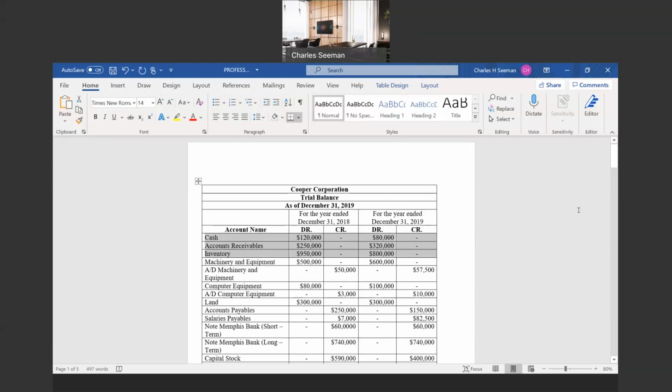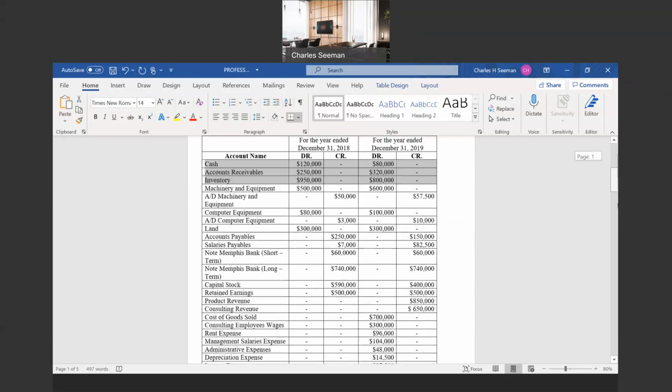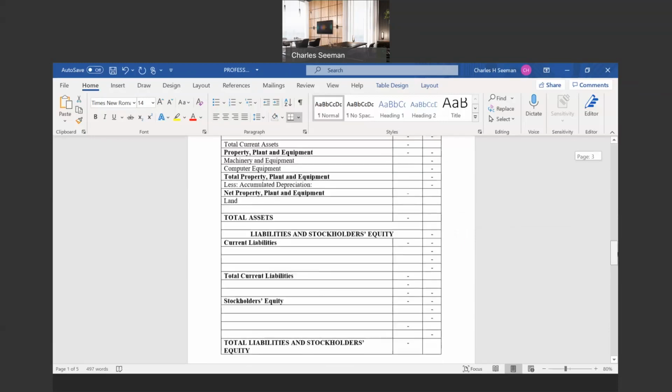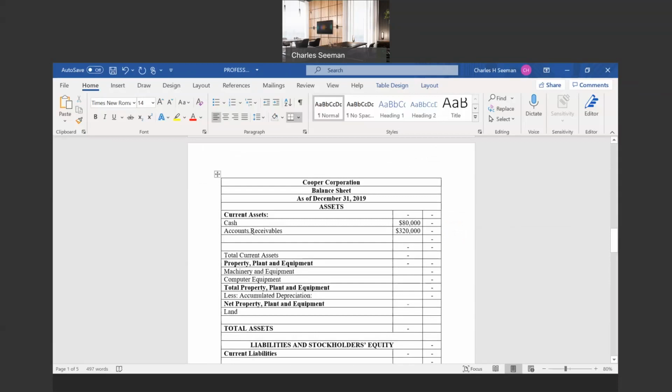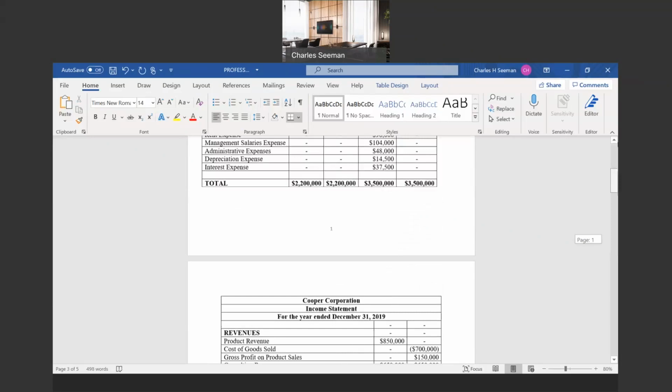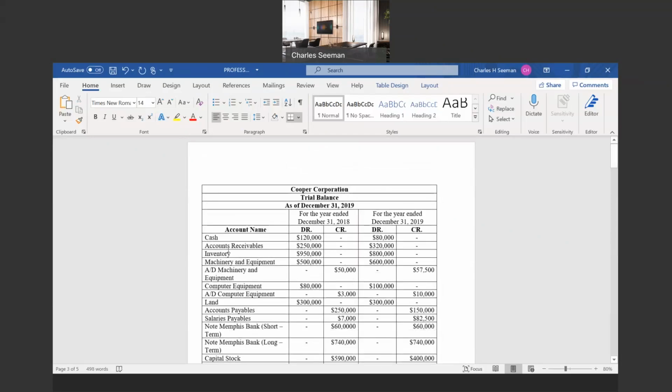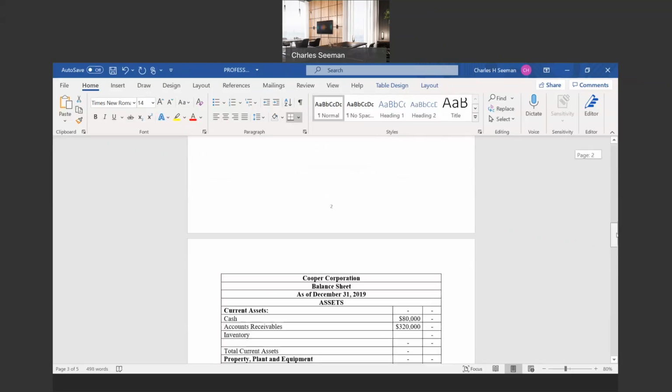So that's also why it's a current asset. And I'm going to use 800,000.